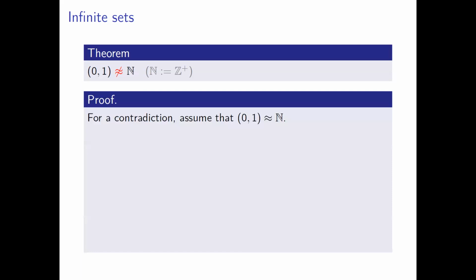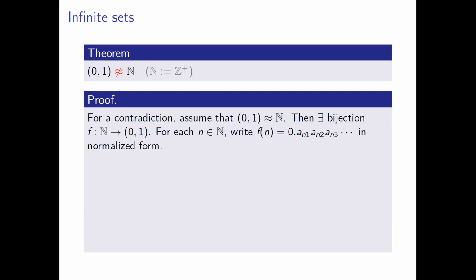We now prove the theorem. For the sake of a contradiction, assume that the open interval from 0 to 1 is numerically equivalent to N. Then there is a bijection f from N to the open interval from 0 to 1. For each natural number n, write the image f of n in normalized decimal form 0.a sub n1, a sub n2, a sub n3, and so on.